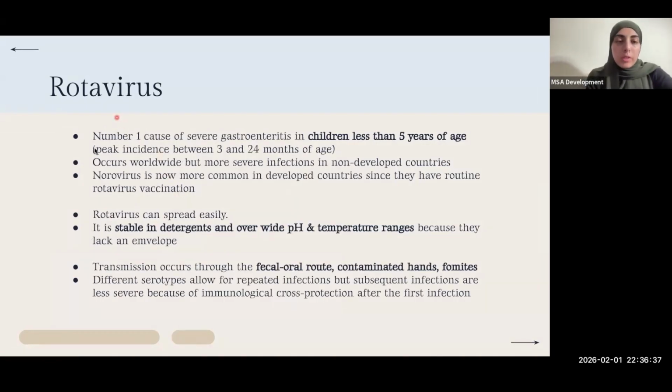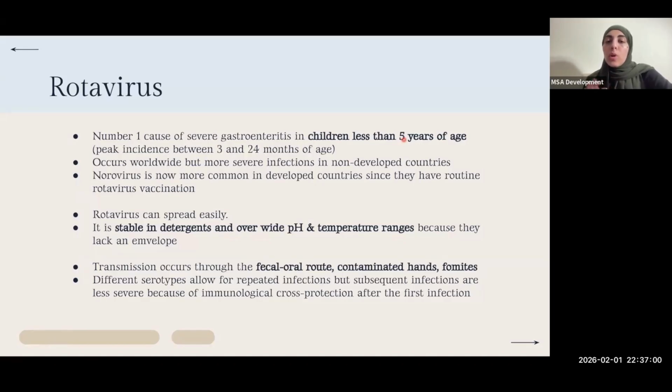Some epidemiologic features: this is the number one cause of gastroenteritis in children less than 5 years of age. Okay, rotavirus is very important and it occurs worldwide, but it causes a more severe infection in non-developed countries because now we have a vaccine against rotavirus, and in developed countries, the vaccination is routine.